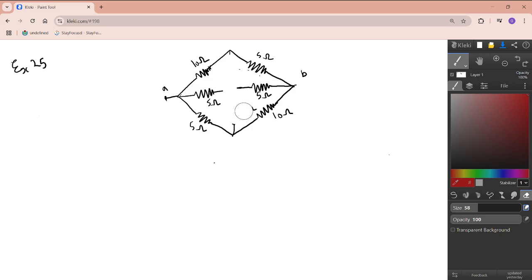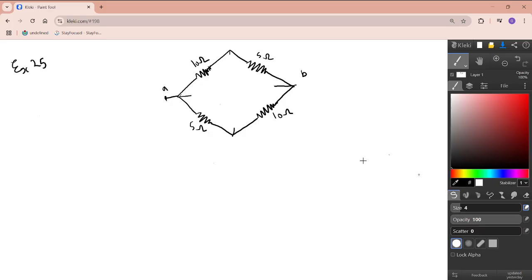This eraser is too big for the figure. It's just this, and this can also be simplified into just a 10 ohm wire. So it's just a 10 ohm wire now.